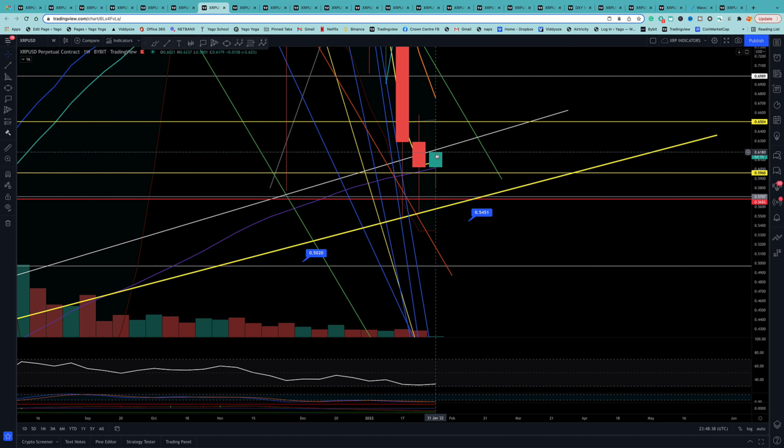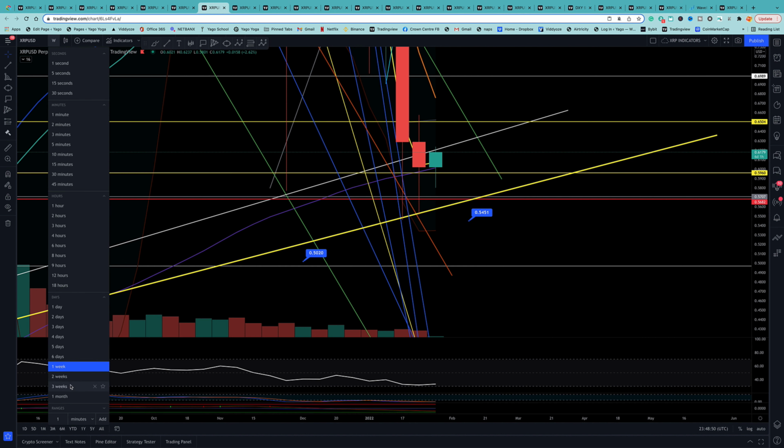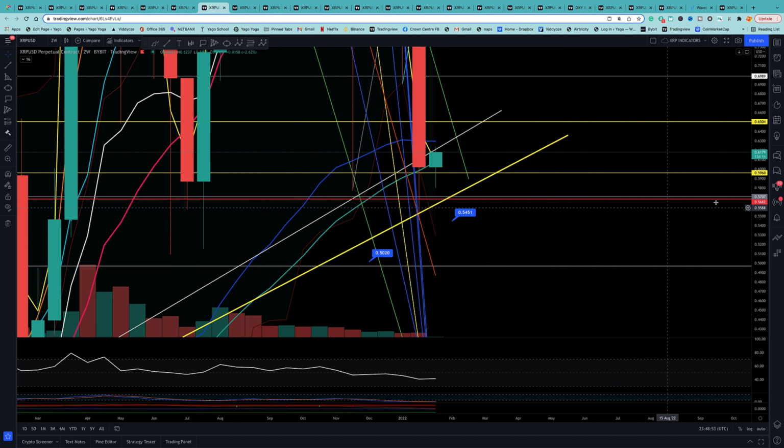So now what we're looking for is this now to start to work its way back down through and to break this 100 MA on the weekly, which is at 60 cent. Okay. Now, what's giving this line strong support with regards to resistance?